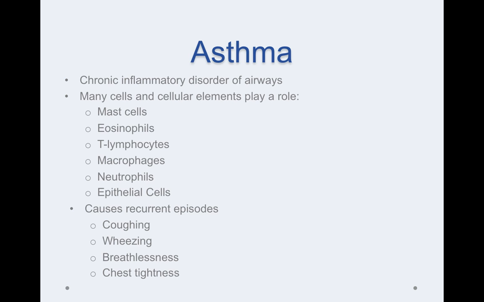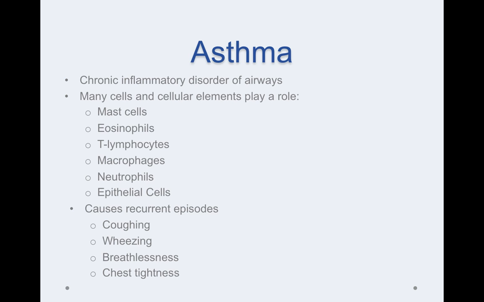Before we can begin describing the pathophysiology of asthma, we first must take a moment to describe the definition of the disease. This is most commonly described as a chronic inflammatory disorder of the airways. There are many cells and cellular elements that play a role in the disease. This includes mast cells, eosinophils, T lymphocytes, macrophages, neutrophils, and epithelial cells.